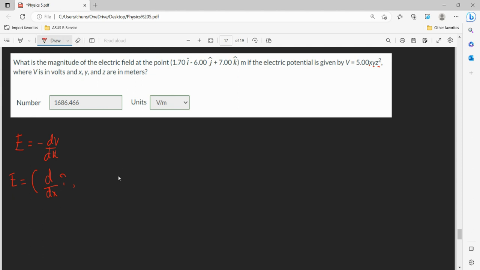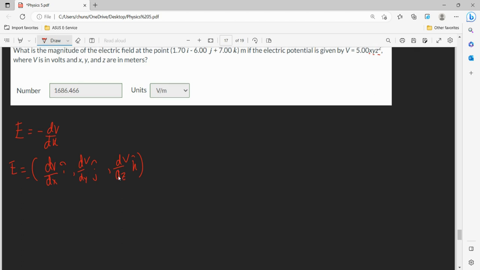move this negative to the outside. dy in our j direction, and in our k direction. So what this means is that when we plug this in for our V, we're going to derive with respect to each of the variables here.